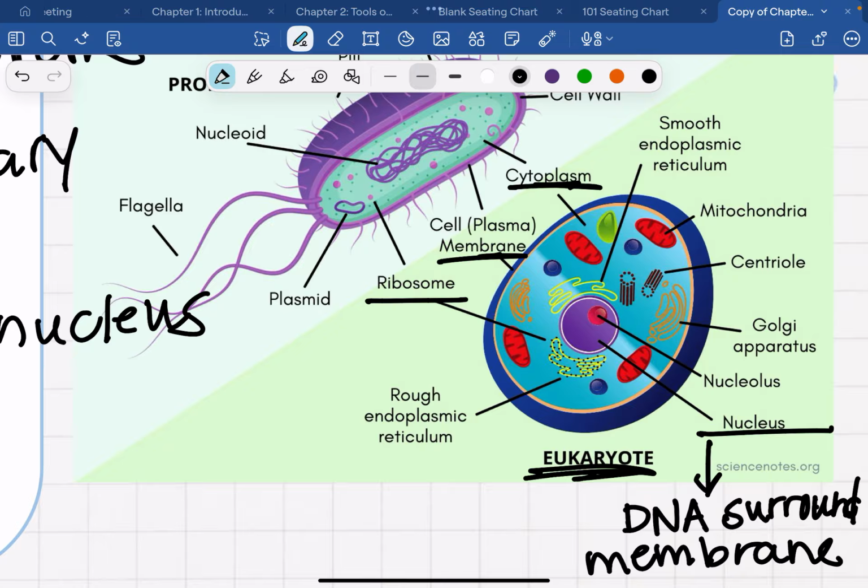Okay, it's a separate little room inside of a eukaryotic cell where the DNA is kept. Okay, so the DNA is kept inside of its own little room. It's surrounded by its own lipid bilayer, which we'll talk about later. But it has a separate membrane, which is a true nucleus. It is separated from the rest of the cell.